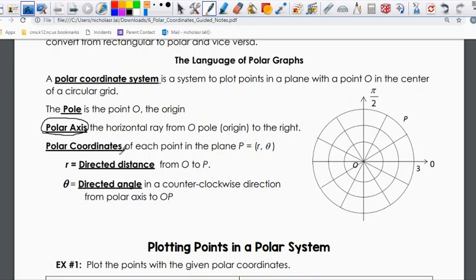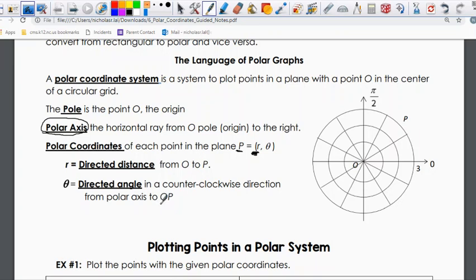The polar coordinates of each point P in the plane are (r, theta). So the polar coordinate P is described in two ways: r, its directed distance from O, the origin, to the point, and theta, the directed angle in a counterclockwise direction from the polar axis to the line OP.